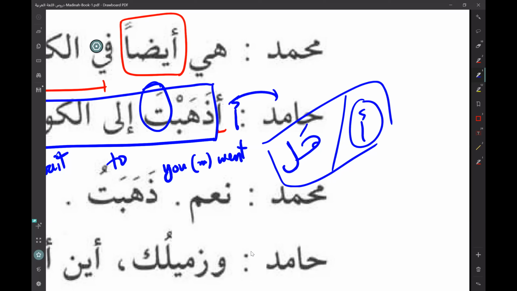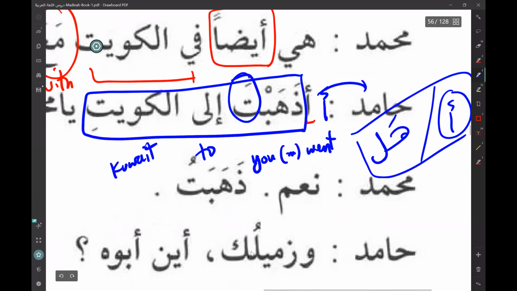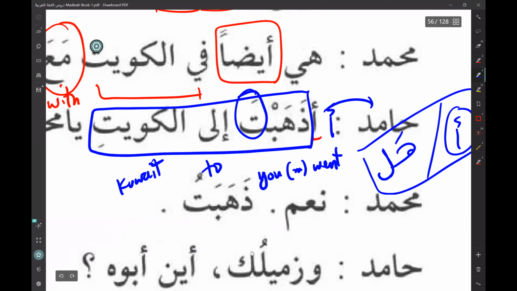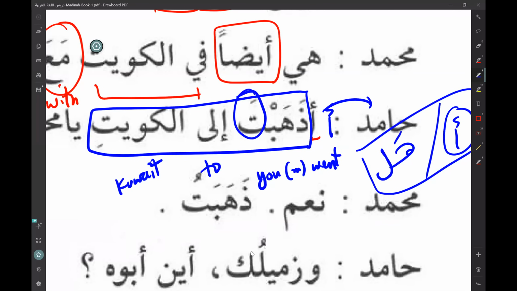You're using Hal too much, you got bored, start bringing Hamza. You're using Hamza too much, you got bored, start using Hal. No difference. In this case, it's no difference at all, by the way. The difference that comes is in a very small situation where you cannot use one without the other. So that's something else. Now, it is saying, did you go?